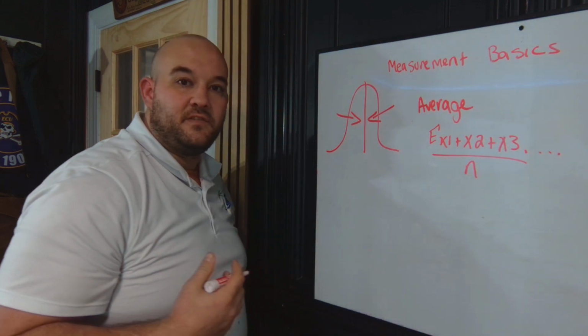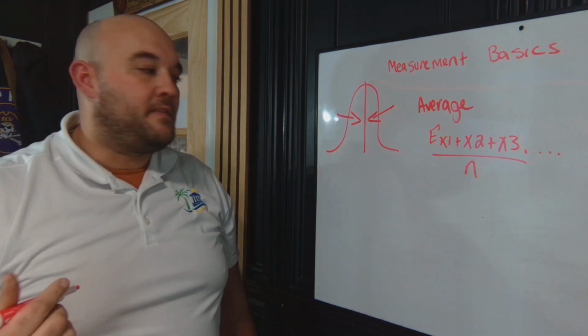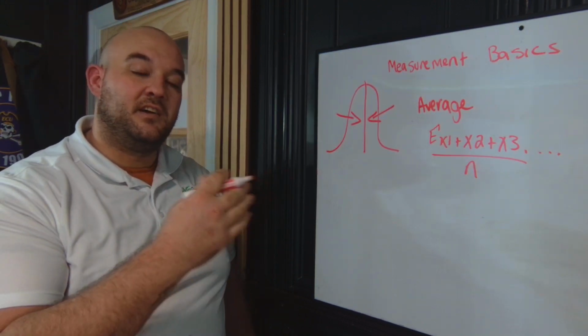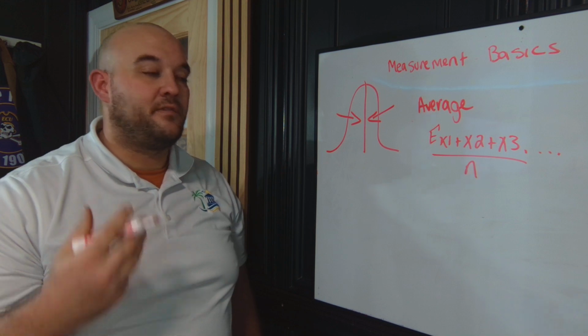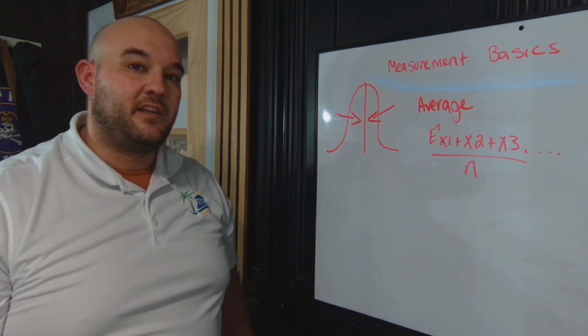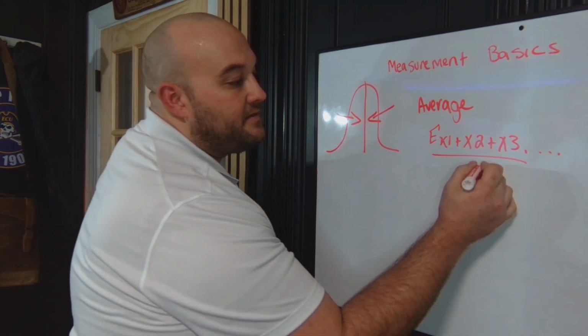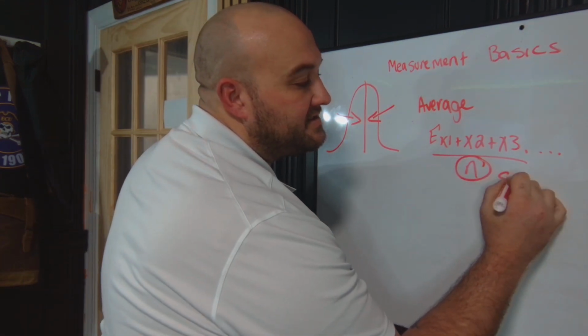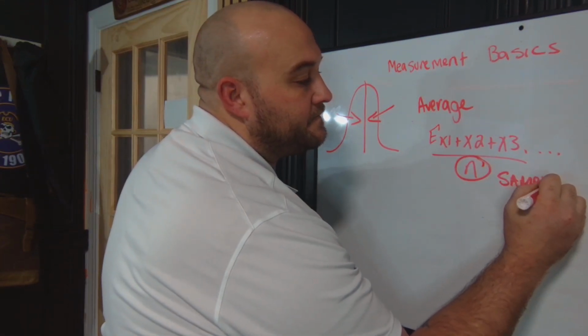the average is just the x values summed all together. So if you have three variables, x1 plus x2 plus x3, divided by n. This little n represents sample size.